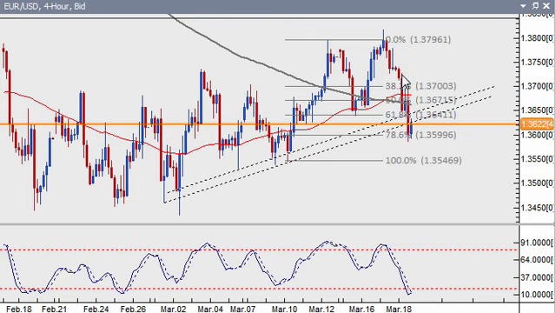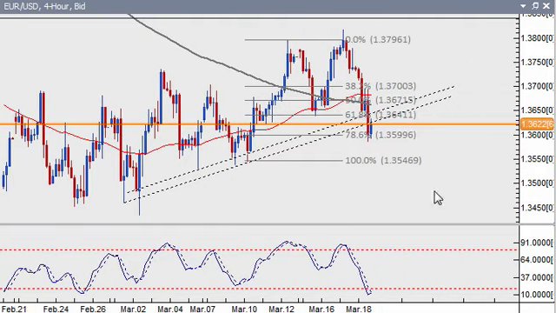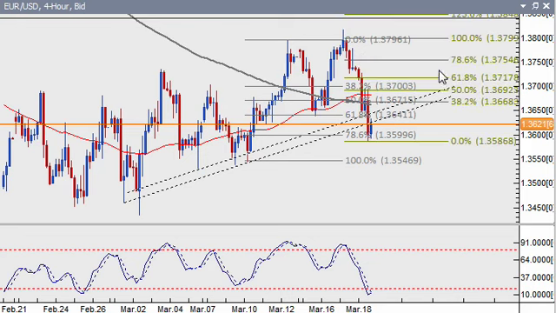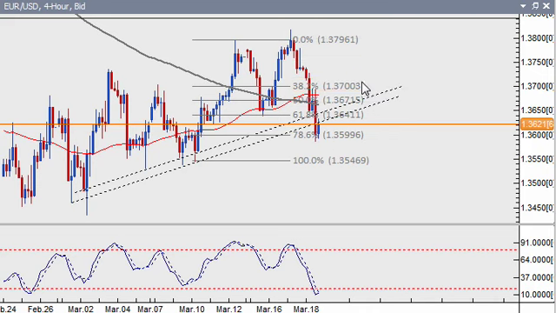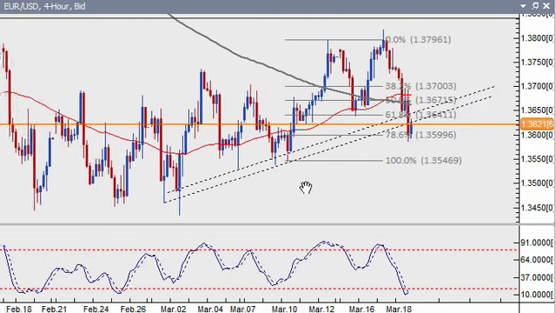Where we are is we have a signal, and what we want to see is a pullback that may test this 1.3650 area, even a retracement area up here, for example your 50 or 61.8% area, and then another decline should give you confirmation for the bearish outlook.